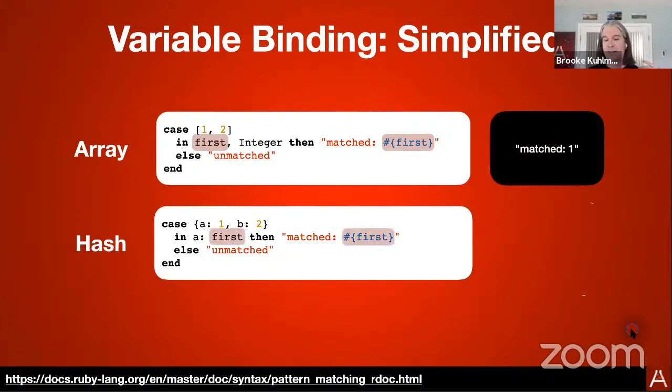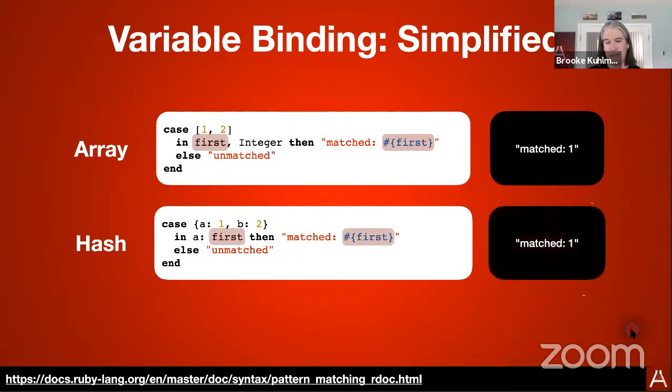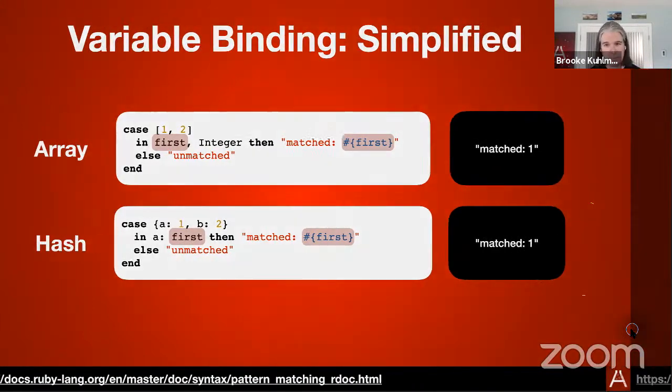And in the second case, I get the same result. Again, it's subtle and just a small breakdown from the previous slide. But if I don't care about type and I only care about position, this is a way to write the same code a little bit more succinctly. So it's really up to you. Sometimes this is really nice to use, and sometimes it's really important to care about not only the position, but the type as well. And again, pattern matching gives you that superpower to do that.